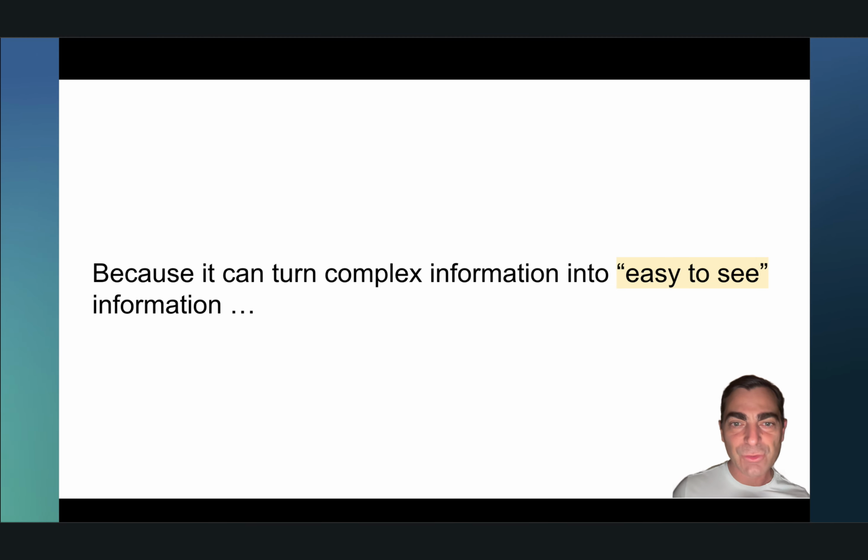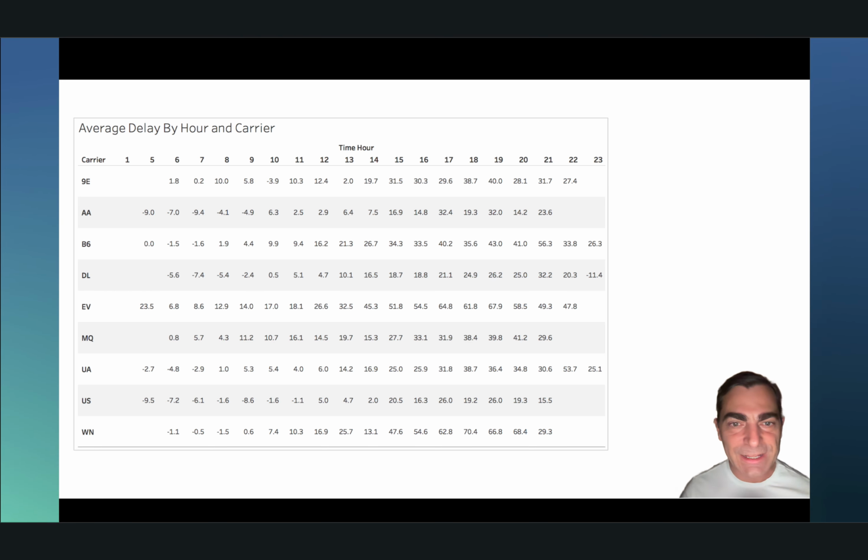When a visualization works well, it becomes almost obvious what is the information to extract and what this information means. So let me give you an example. I really like to give this example to express this idea in a more tangible way. What you see in this table is information about a number of airlines.